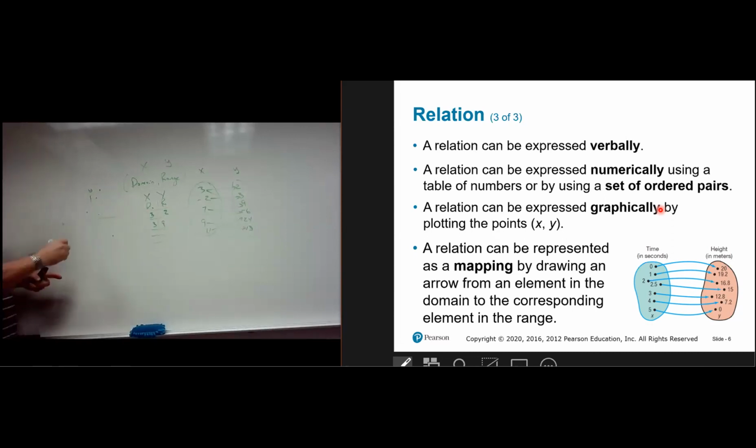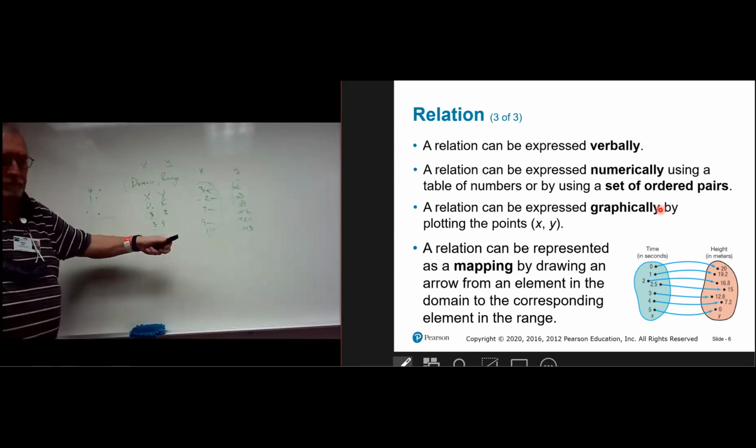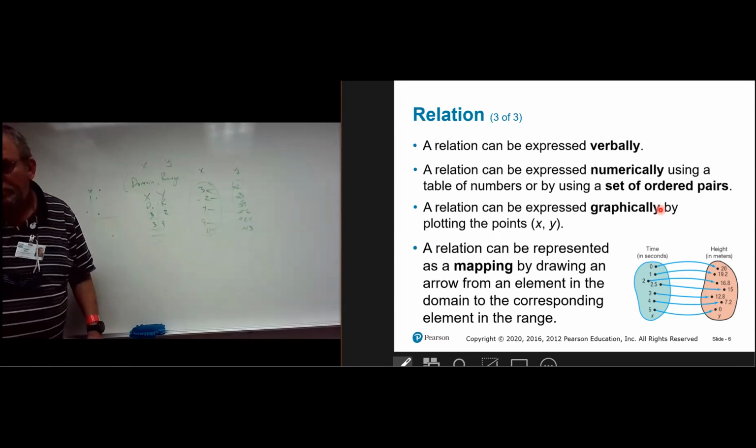So I would graph those points this way. So that is shown graphically. I don't have it set up numerically, but I do have the mapping.